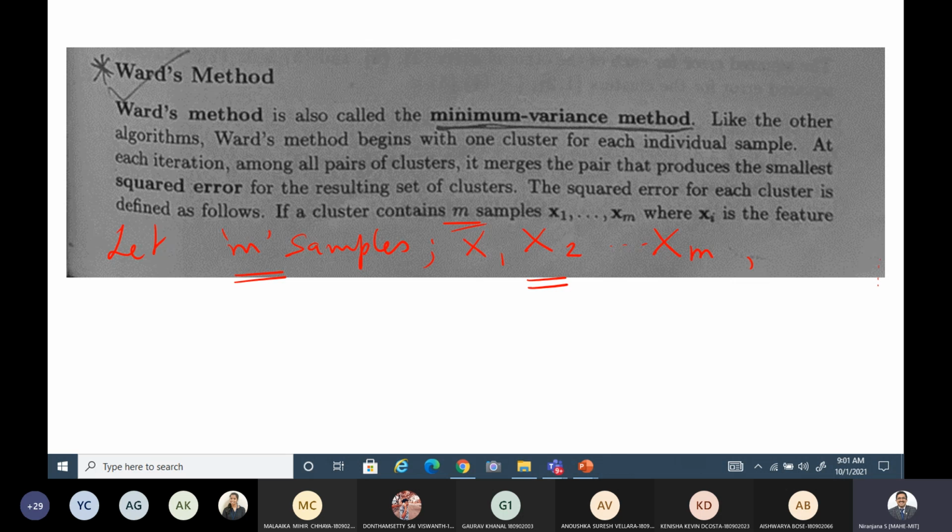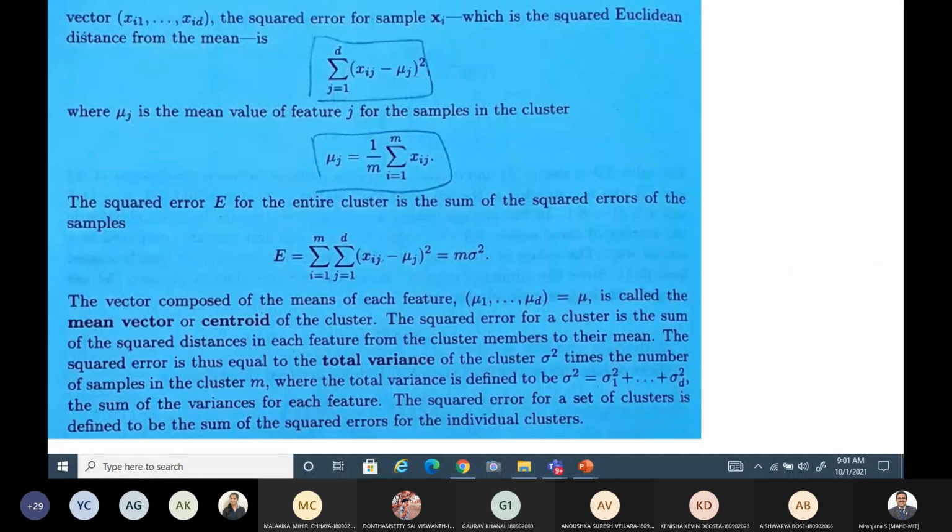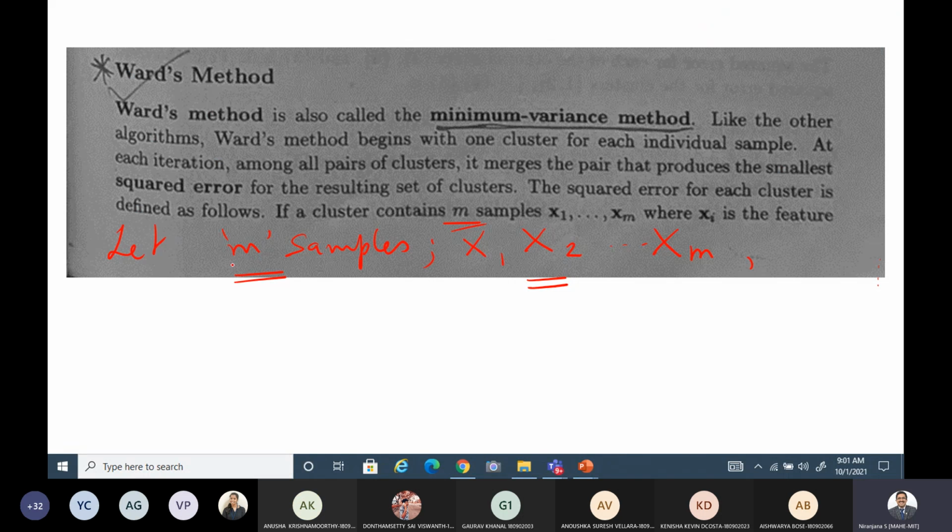So in this case, what is the squared error for each cluster? How is squared error defined? That is what you need to understand. So when there is a vector consisting of features 1 to d, and if it is the ith vector, then you can represent each vector sample like this with two variables. You're getting my point? I said already there are m samples. The samples can be totally maybe 5 or 10. That is referred to as m here.